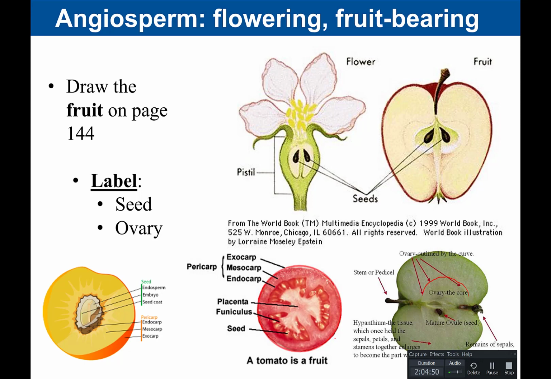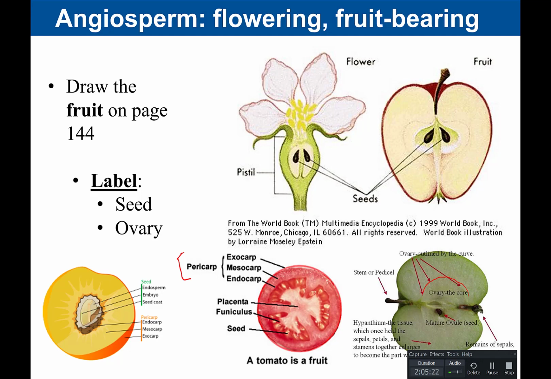If you're looking at the tomato, the seeds are inside. This is actually a fruit. So a good rule of thumb is if it has seeds, it's classified biologically as a fruit. So it has its seeds, and then the ovary is going to be this whole part here, this pericarp, the endocarp, the mesocarp, and the exocarp, which is the outer part of the tomato. And so that would be where you would label the ovary.